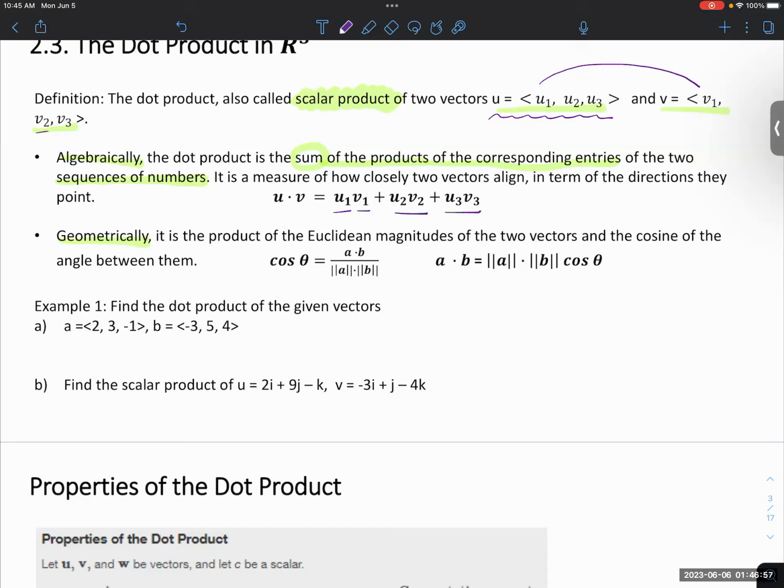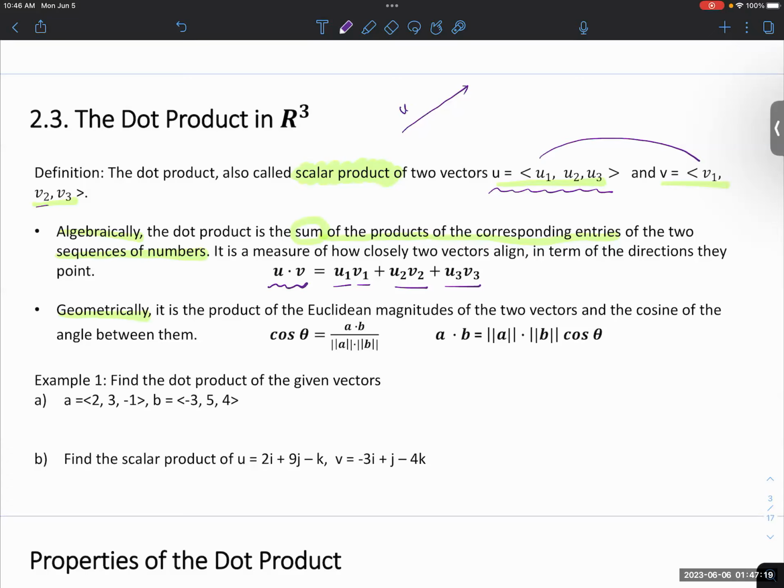You might be wondering, okay, algebraically it looks very simple, but what does it mean geometrically? You want to see the concept of the dot product more visually. So let's say we have a U vector here, and a V vector.